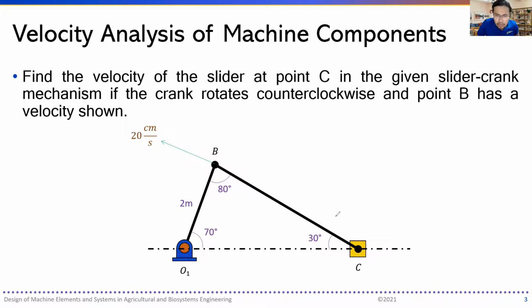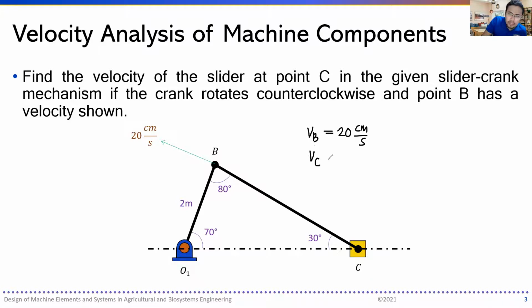We also know that at this current position, the link BC would have a velocity directed along this position. We do not know its magnitude. So we write down the given: VB is equal to 20 centimeters per second, known in magnitude and direction.